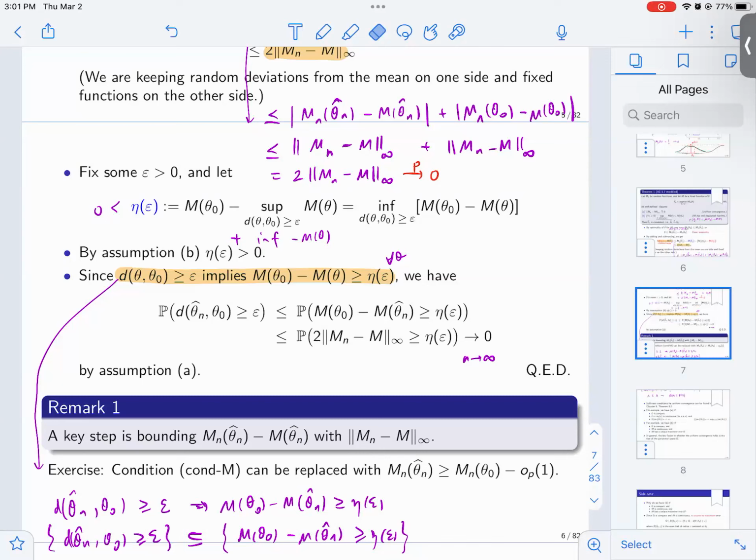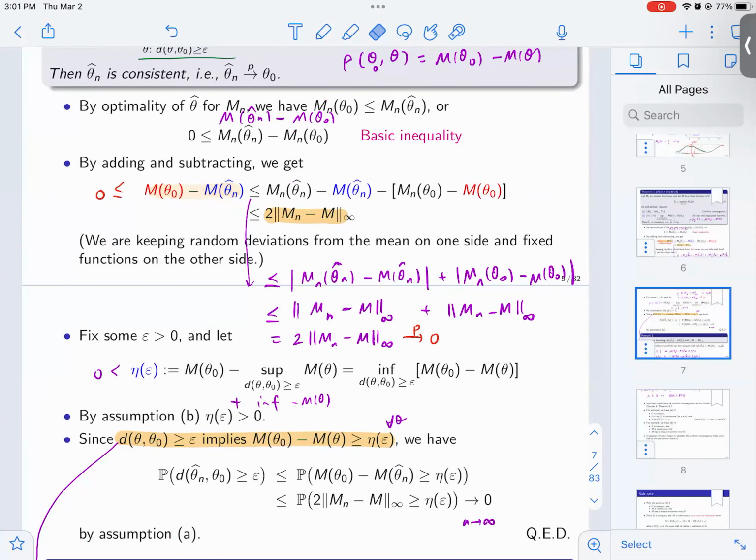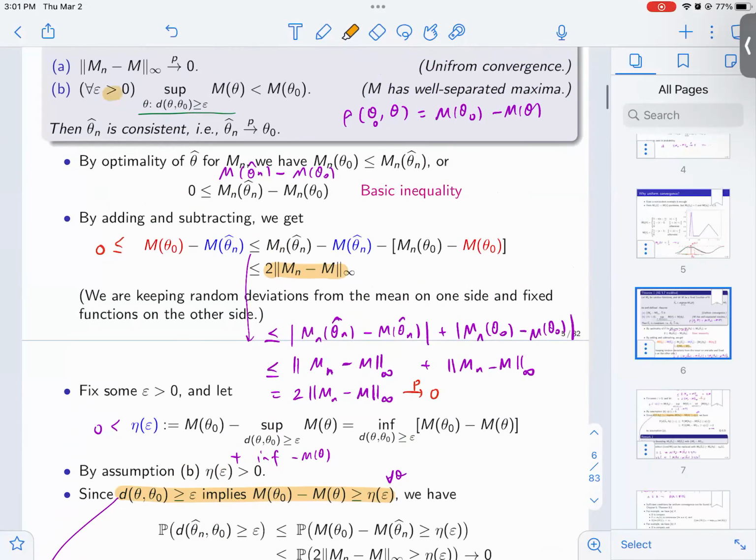So there are two steps: one is a basic inequality, saying something about the convergence of this, and then translating this into a distance between theta hat and theta naught, in the distance that you like. And that's what this guy is doing. If you think about this proof for a long time, you'd see this is a very general argument, and you can apply it in different situations.